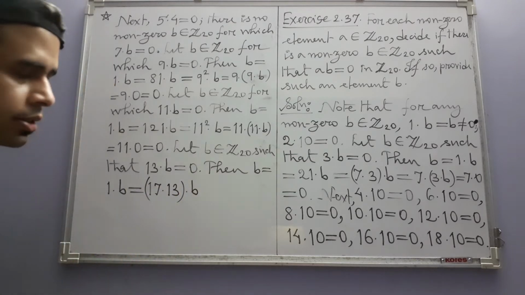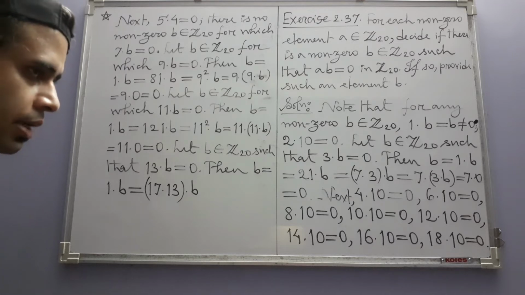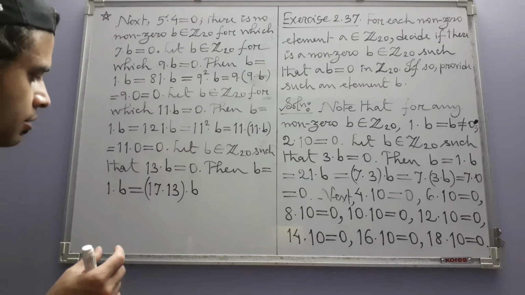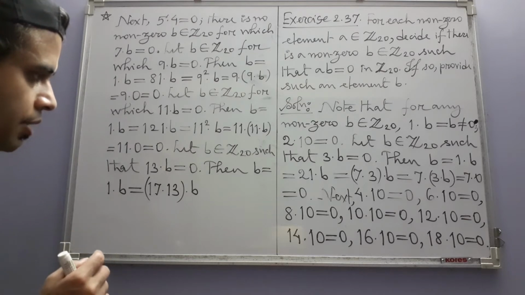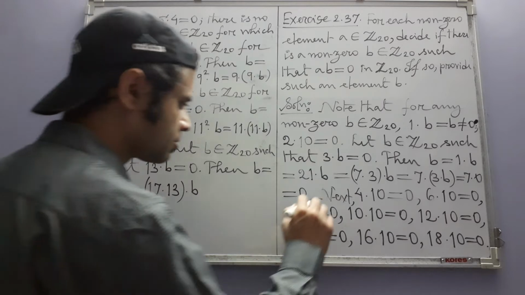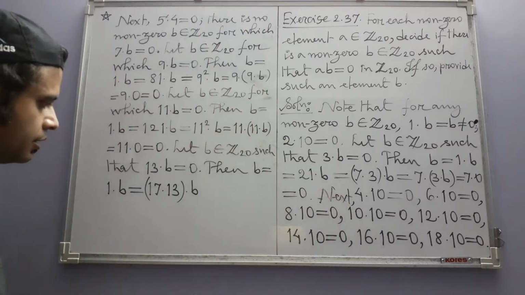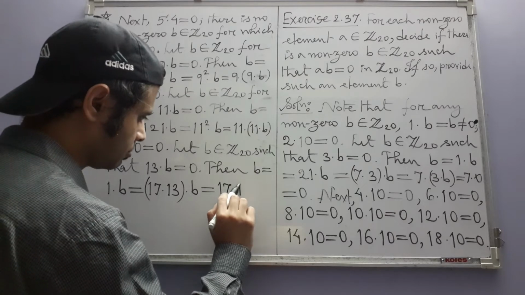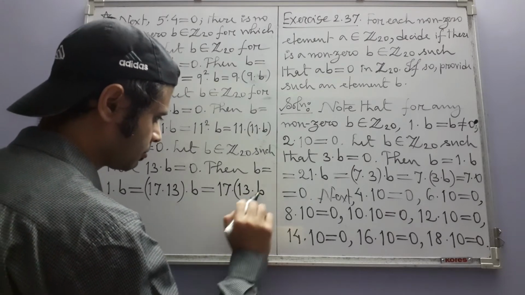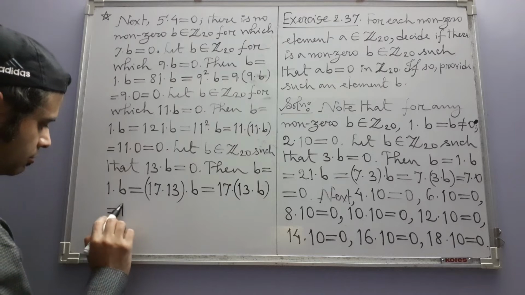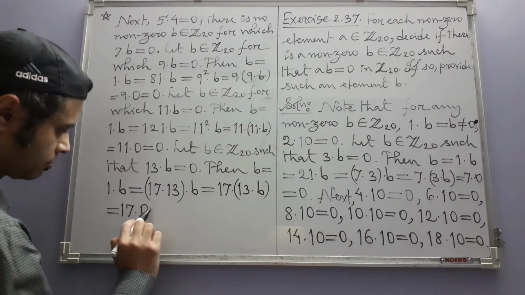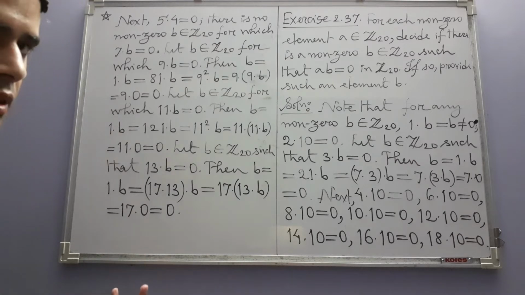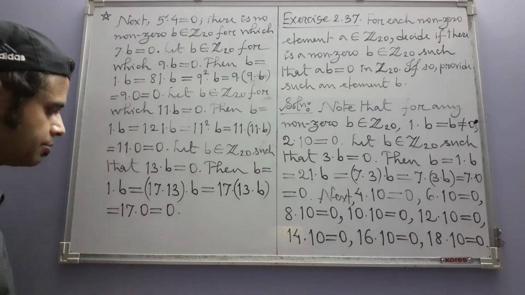You do the calculation: 17 times 13, subtract 1 from that, and the result will be divisible by 20. So in place of 1 you can write 17 times 13. So for 13 also no such thing, I mean no such b.